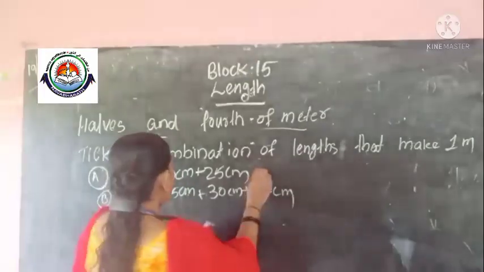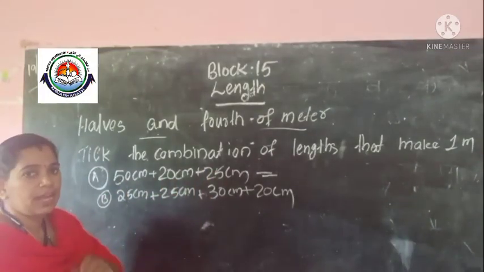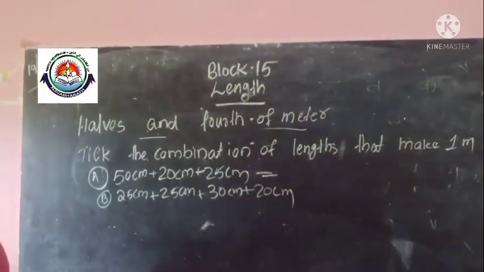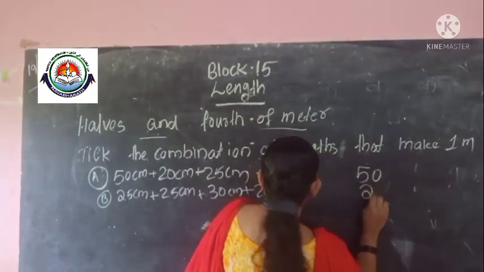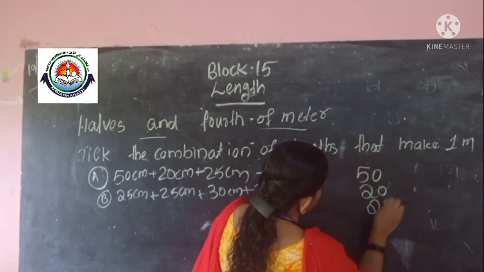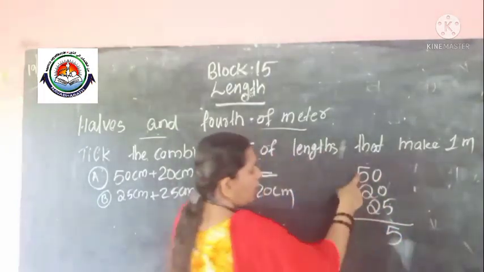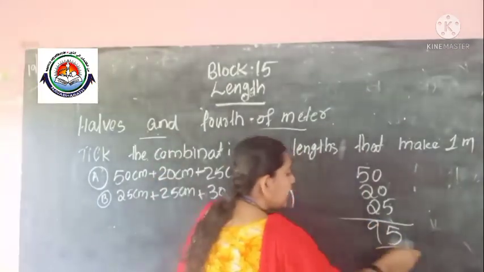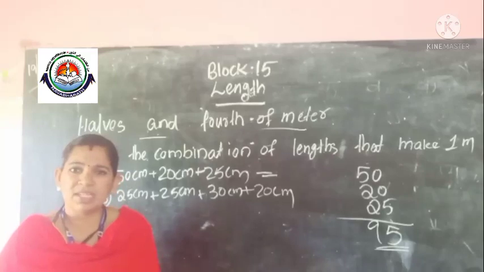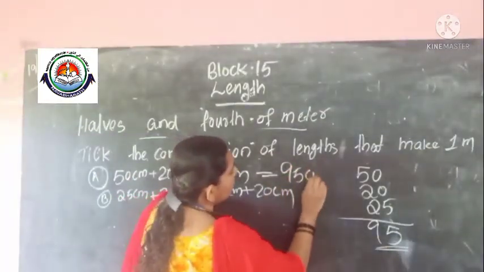Clear? 50 plus 20 plus 25. What is the value of 50 plus 20? Add it. 5 plus 2, 7. 7 plus 2, 9. So you will get 95. Is 95 centimeter equal to 1 meter? No. So this is not 1 meter.